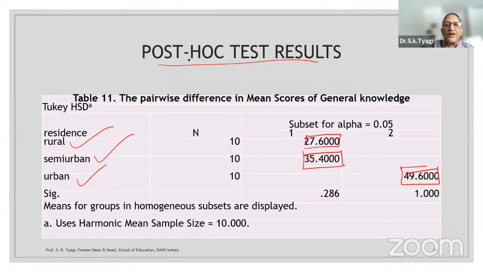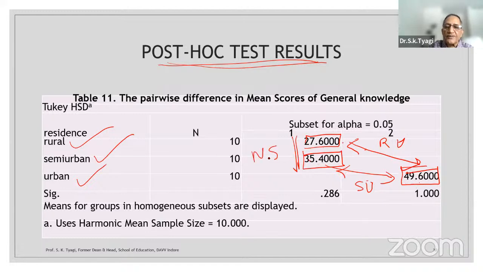Now how to interpret this particular table? There is a significant difference between rural and urban, and semi-urban and urban is significant. But rural and semi-urban is not significant. Say our results were these two: rural urban and semi-urban urban.